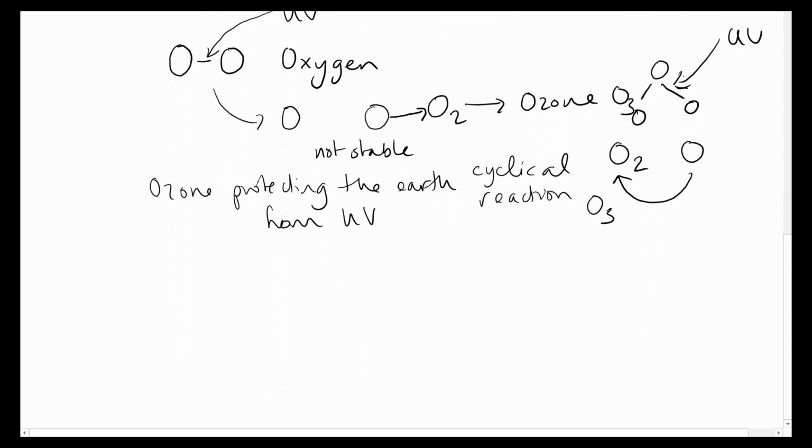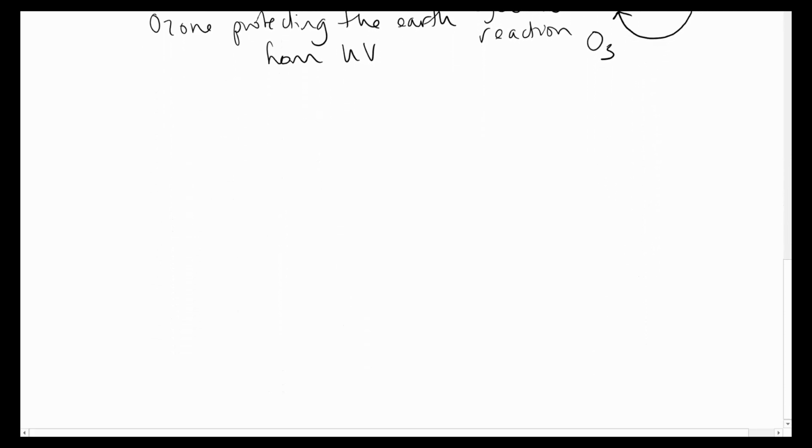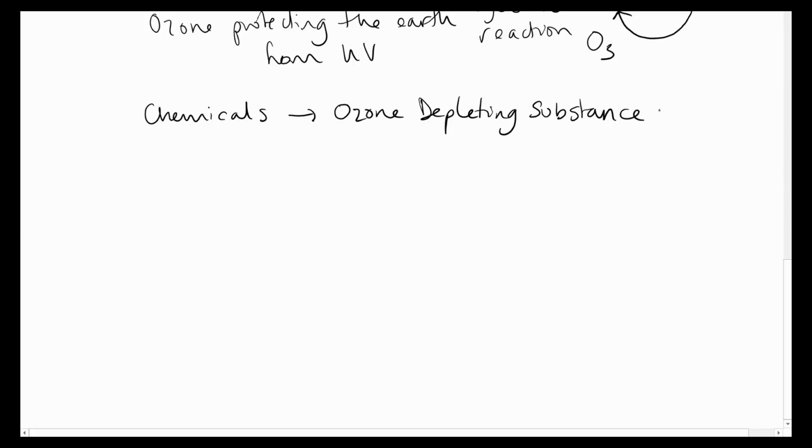But guess what humans did? They were so smart, technologically innovative, and they created chemicals which ended up being what we call ozone depleting substances, ODSs.